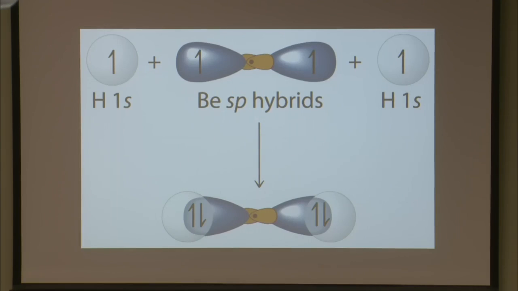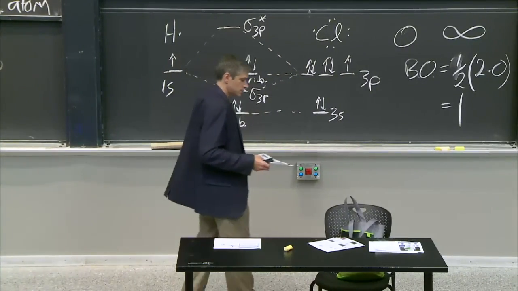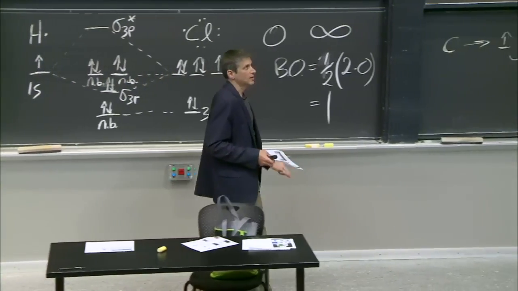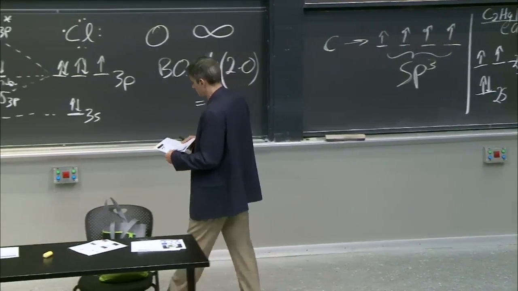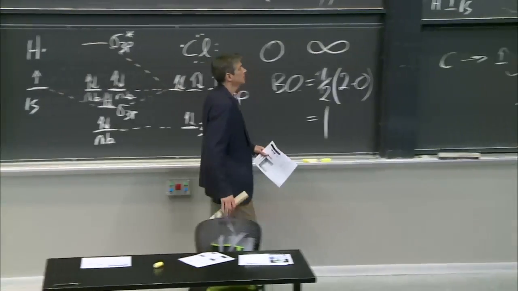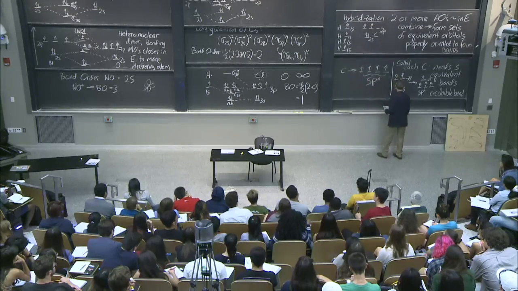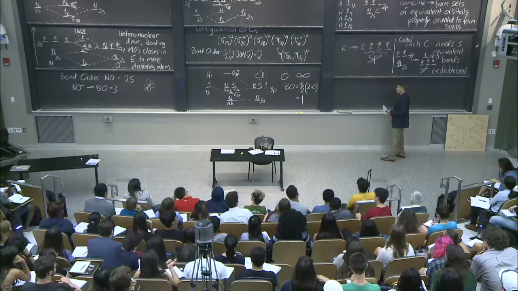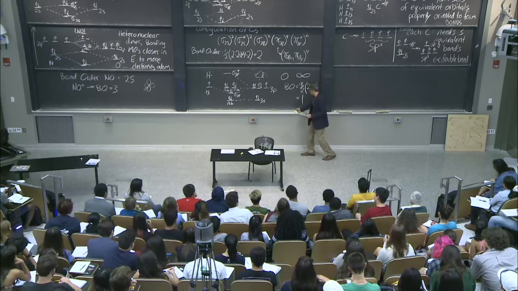It's not just carbon that hybridizes. Carbon is a classic example. But if you look at BeH2, it's the same thing. Be starts with orbitals that don't look like they're going to give me the equivalent 2 sigma bonds.